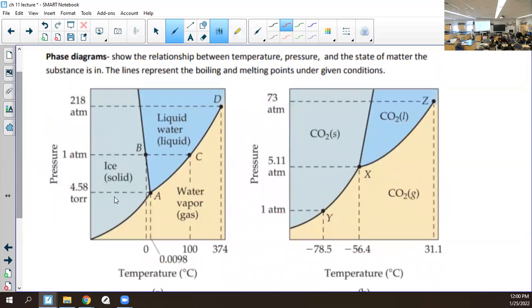So this is water. And this line right here, that's the interface between when ice, a solid, and water vapor exists. This doesn't happen to us in our world. Water doesn't sublimate. That's when it goes from a solid to a gas under normal atmospheric conditions. It happens at 0.458 torr, which is almost 0 atm, and under the freezing point.